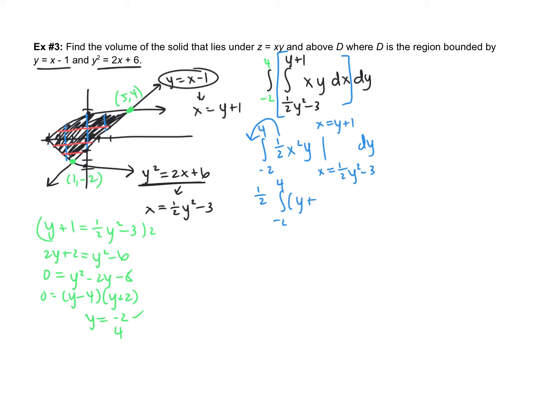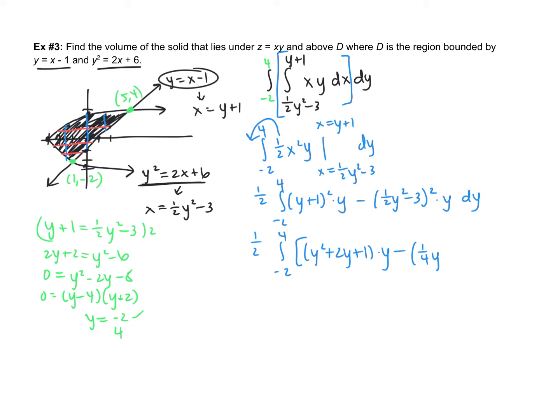So I get (y + 1) quantity squared times y, minus (1/2 y squared minus 3) squared times y. So then I have (y squared plus 2y plus 1) times y, subtracting (1/4 y to the 4th, minus 3y squared plus 9) times y.